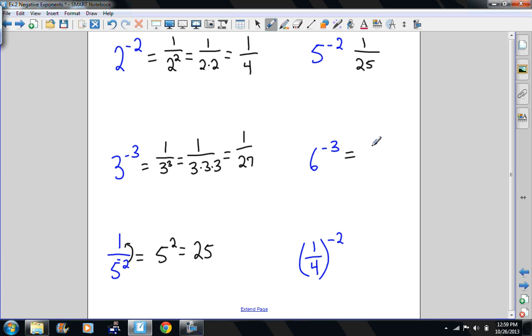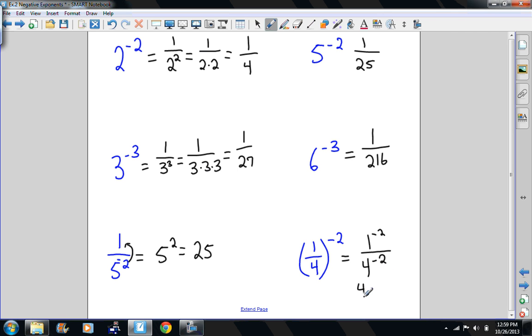6 to the negative third, that would end up being 1 over 216. And this is where it can get a little tricky. 1 over 4 to the negative 2, if we have the exponent up here, we're going to distribute it to both first. It becomes 1 to the negative 2 over 4 to the negative 2, which means that each of these wants to flip where they are.